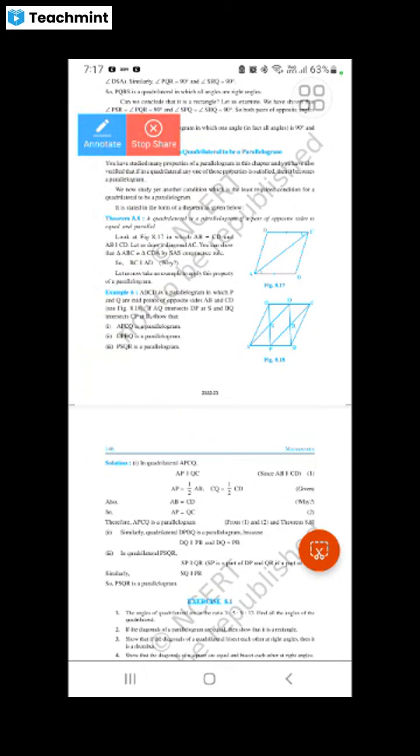If we remove all other parts, then we see that AB is parallel to CD. It means AP is parallel to CQ. Second thing, AB is equal to CD. It means half of AB is equal to half of DC. So AP is equal to CQ. So one pair, what we got? Parallel and equal. It means it became a parallelogram.